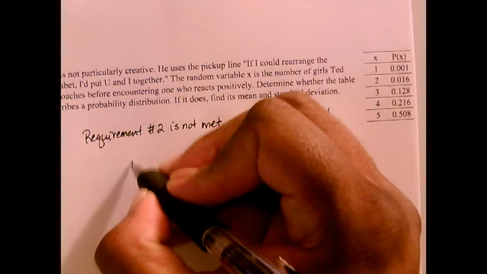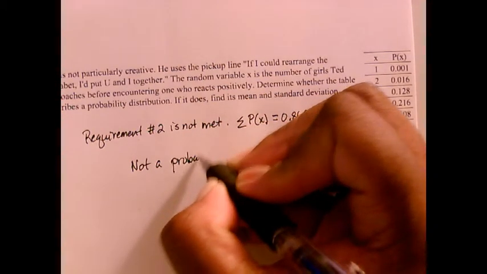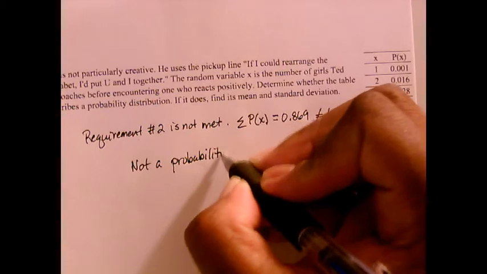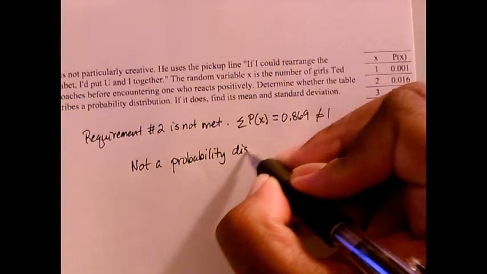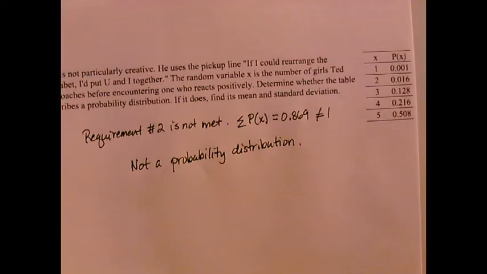So here, we can just say not a probability distribution. Okay, and we end this problem right here, so there's no need for us to find the mean and the standard deviation, because this one does not qualify as a probability distribution, because requirement number 2 is not met.